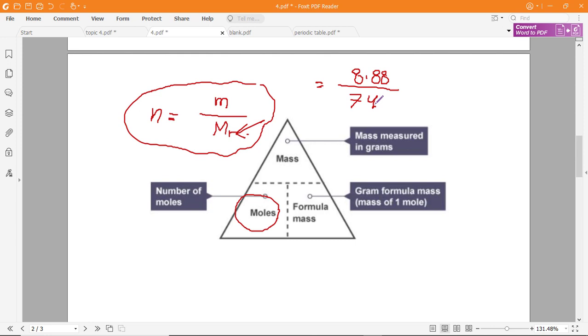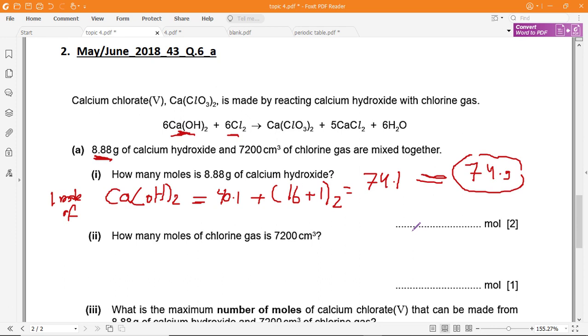Let's do it in the calculator together. 8.88 divided by 74 equals 0.12 moles. So we can copy here, it's 0.12 moles. This is the first part.